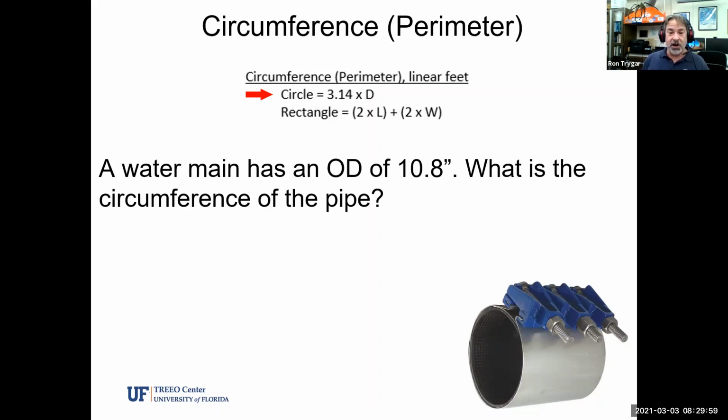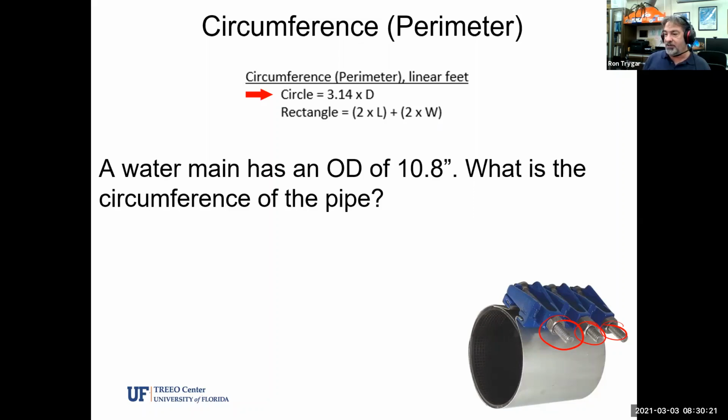The length is in inches, and it's a range between some number and some other number, because of the length of the threads on those bolts. So we could fit a different range of pipe with a wraparound clamp.